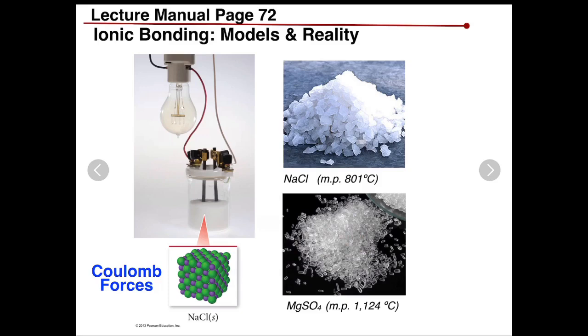Because in the solid state ionic compounds are in this three-dimensional rigid structure, their ions are not able to move freely. It's not the same as metallic bonding. For metallic bonding, you have delocalized or mobile electrons that can move around, which allows them to conduct electricity. But in this case, it doesn't have any mobile ions. Their ions are fixed together in this rigid crystal structure.